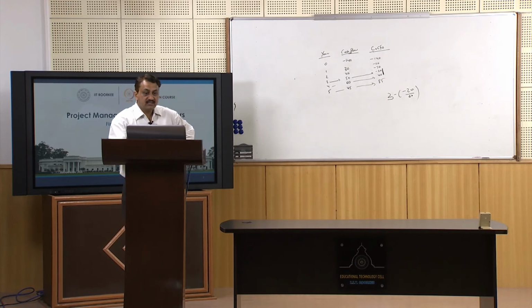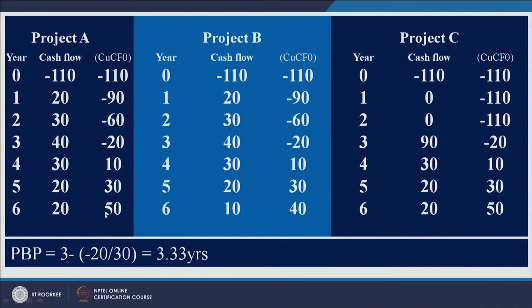You can see here the cumulative cash flow in project A is 50, here it is 40, right? So we will say that project A is better than project B, because you are getting 10 lakh extra over here. Now when you compare project A and project C, which is better?